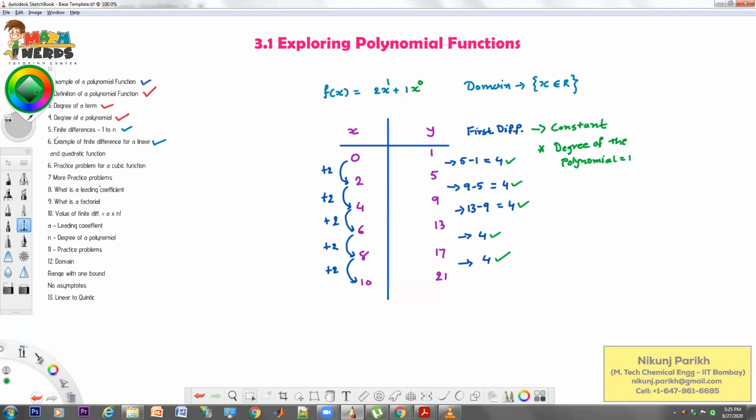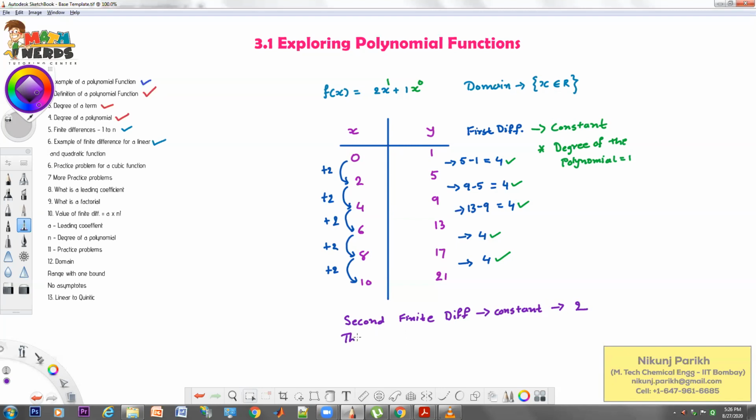If my second finite difference is constant, then the degree of that polynomial is 2.